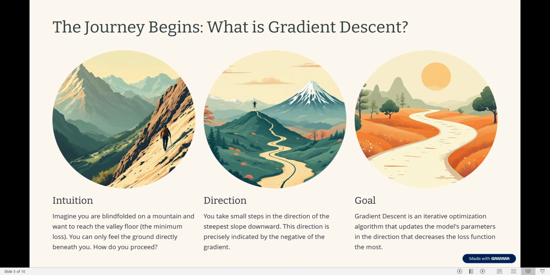Then we see the journey begins. What is gradient descent? Imagine you are standing blindfolded on a mountain and your goal is to reach the valley floor, the lowest point. You can't see where to go, but you can feel the slope under your feet.